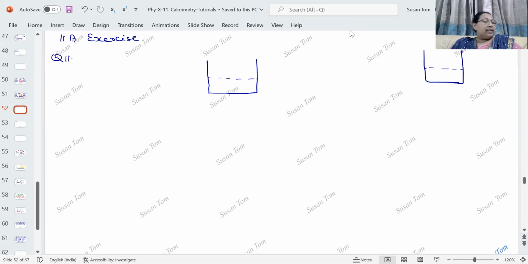First one is 200 gram of hot water. The other is 300 gram of cold water. So I keep, this is 300 gram of cold water. And maybe this is 200 gram of hot water.